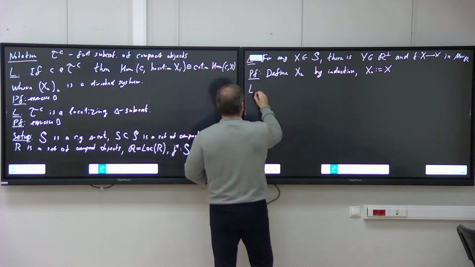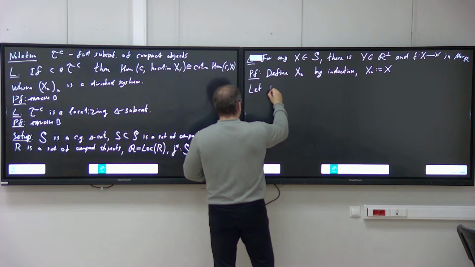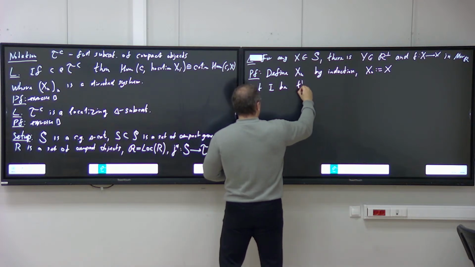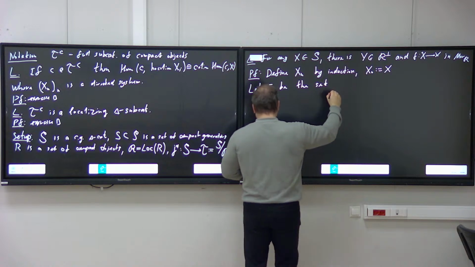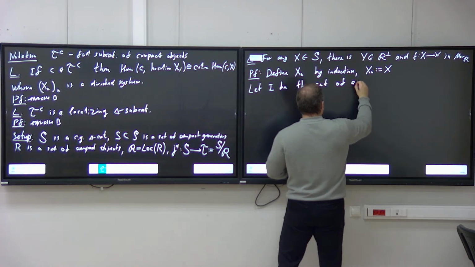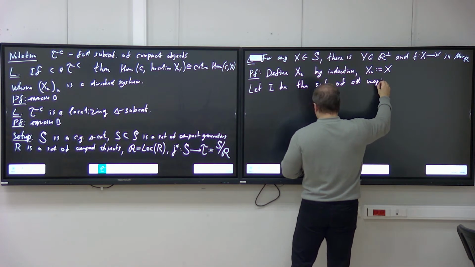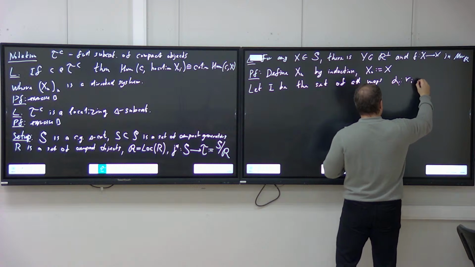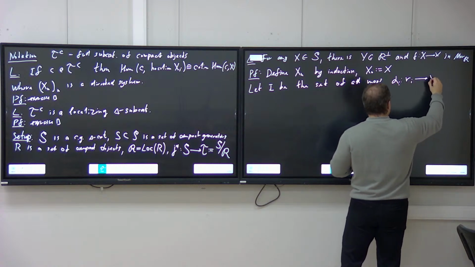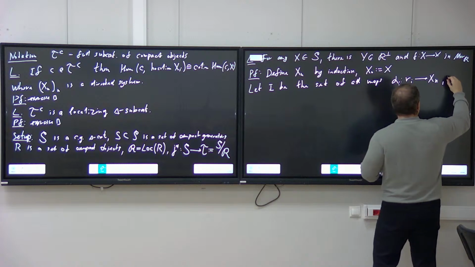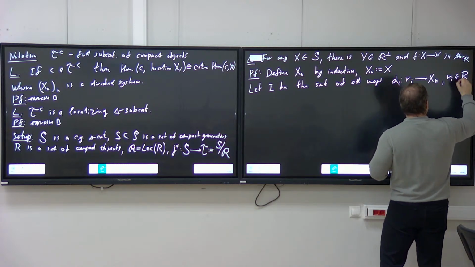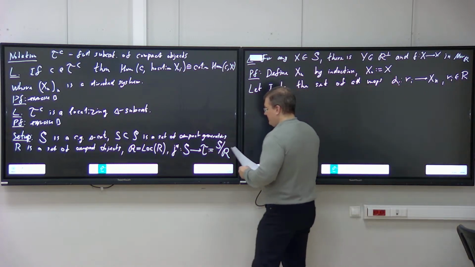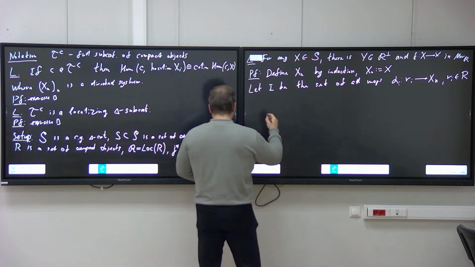So let I be the set of all maps alpha, say i, which is from the object Ri to the xn, and Ri is an object in the set R.